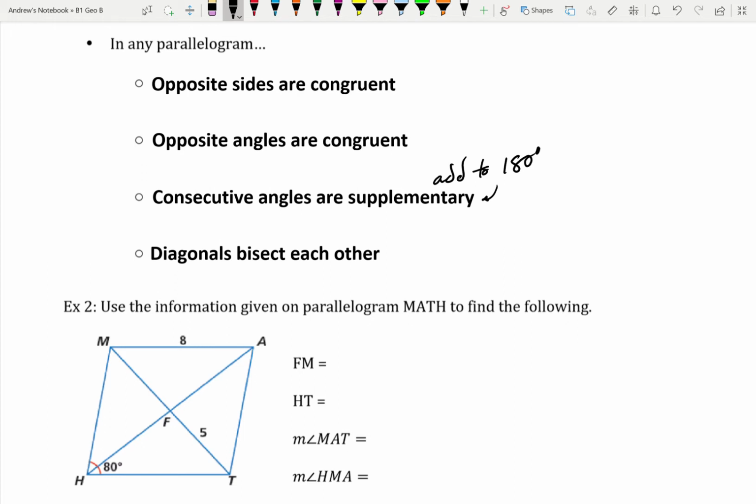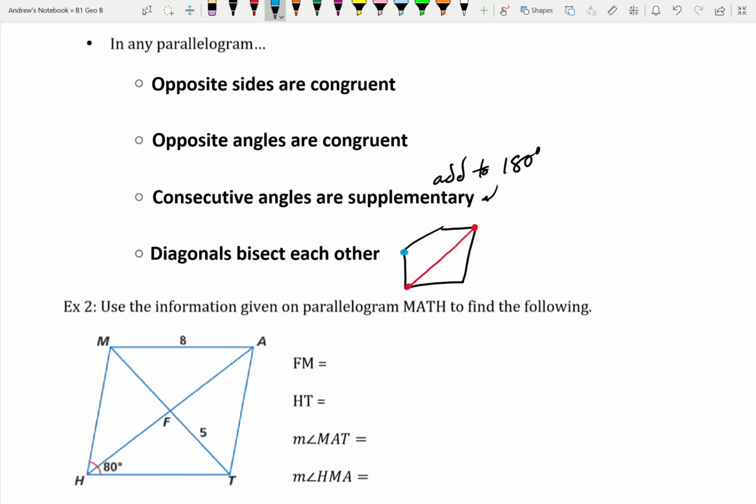Last but not least, we know that the diagonals bisect each other. We talked a little bit when we were defining the different types of quadrilaterals about what a diagonal is. Say I just drew out some sort of shape like that. A diagonal is something that goes from one vertex, say I went from here, to a non-adjacent vertex. So that would be a diagonal there.